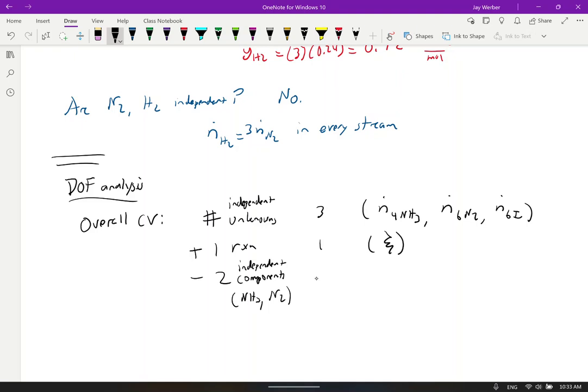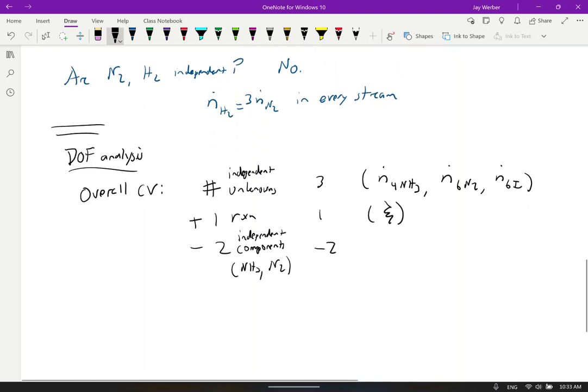Okay, so this is minus 2. And then we have one inert species.